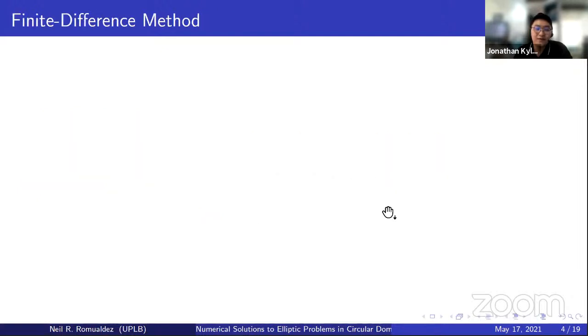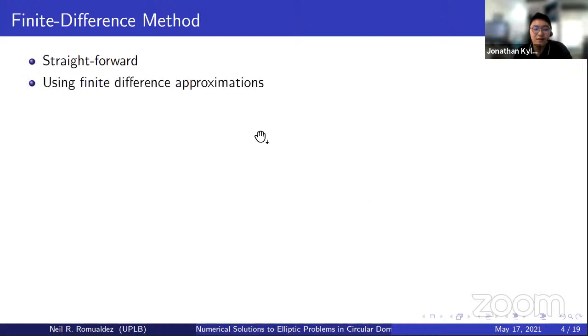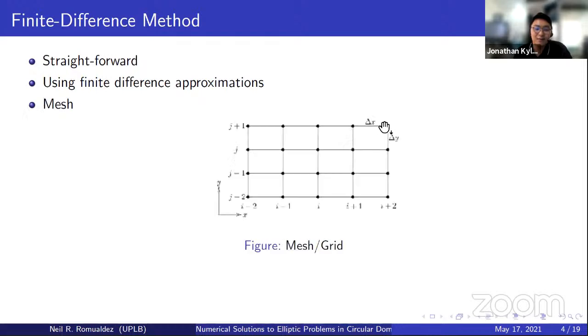So finite difference method is used since it is a very straightforward method. Theoretically, it's very easy to understand. From the name itself, it uses finite difference approximations. And this numerical method is a mesh type. So it makes use of a mesh or a grid that looks like this. And each point on the grid is also called a node.